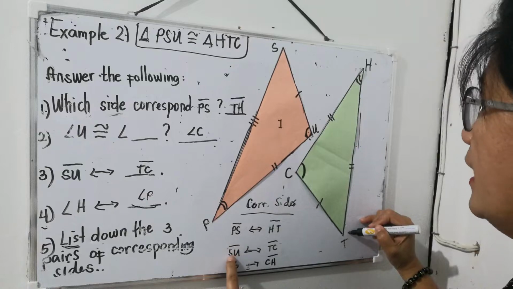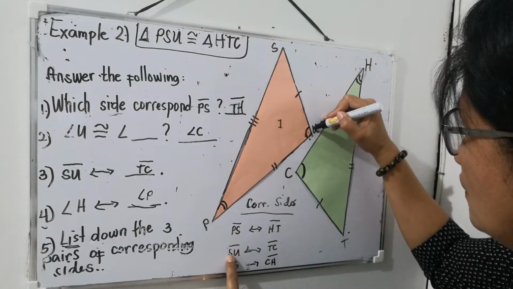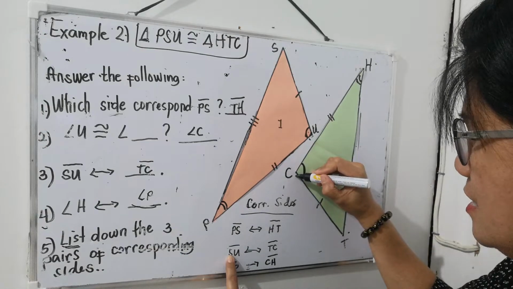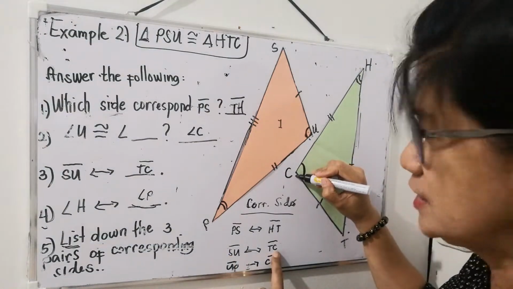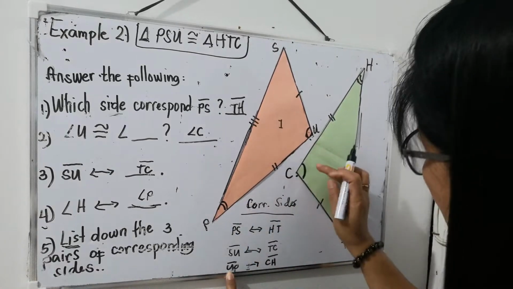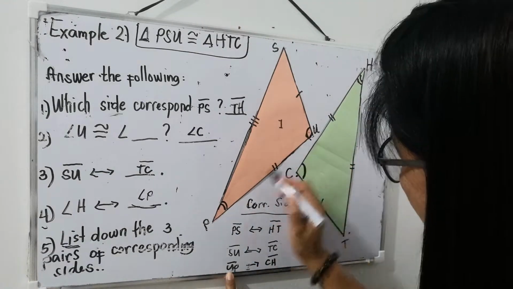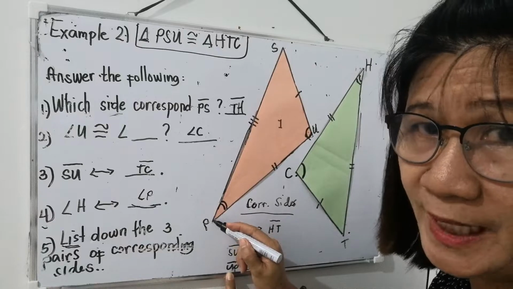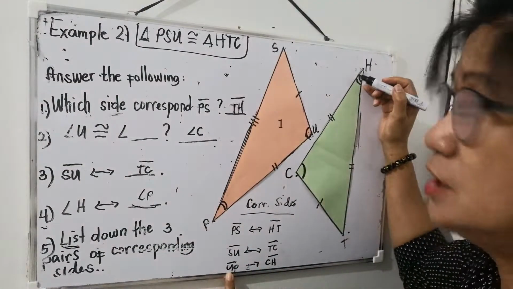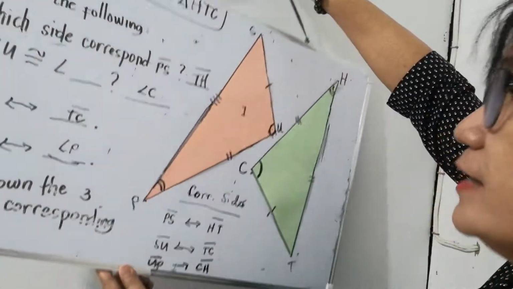HT. Next, SU, dapat dito ka rin mag-start. It corresponds to TC. Then, UP, nagsisimula siya dito. So, this side, line segment UP, corresponds to CH. Okay? Last example.